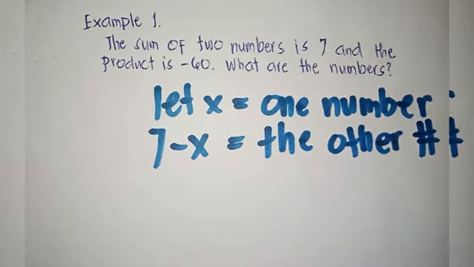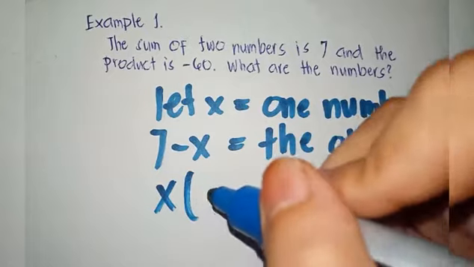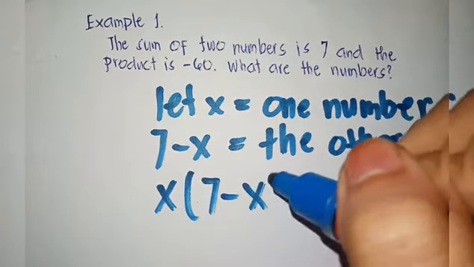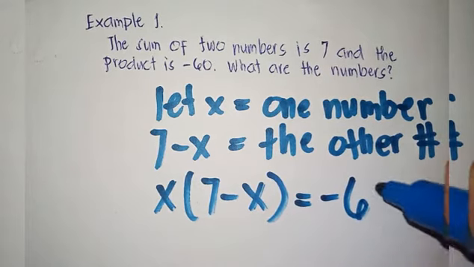Okay, so it says there that the product of the two numbers is negative 60. So we can say that the equation will be x times 7 minus x is equal to negative 60.